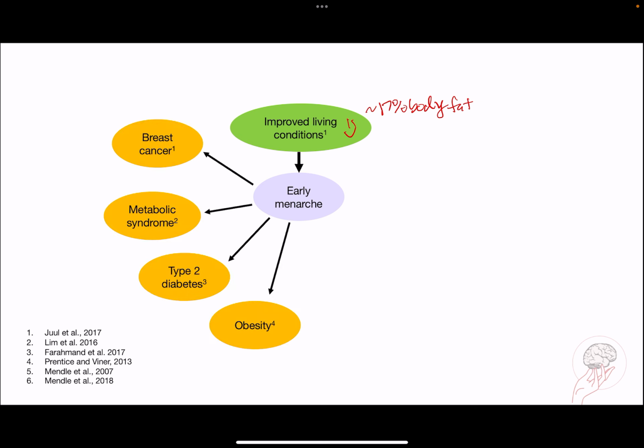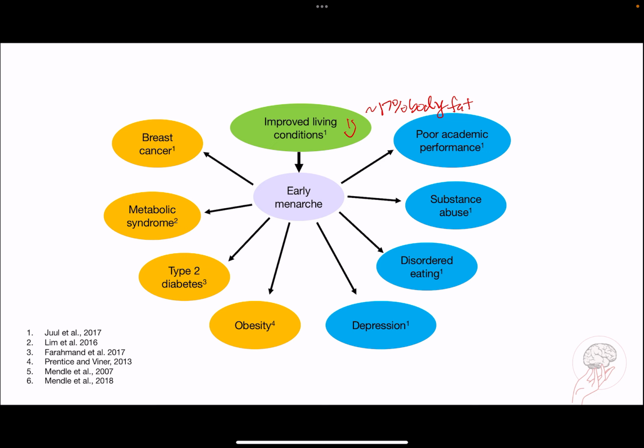But unfortunately, early menarche is also related to breast cancer, metabolic syndrome, type 2 diabetes, and obesity. And it's also related to a host of psychosocial elements, such as poor academic performance, substance abuse, disordered eating, and depression.